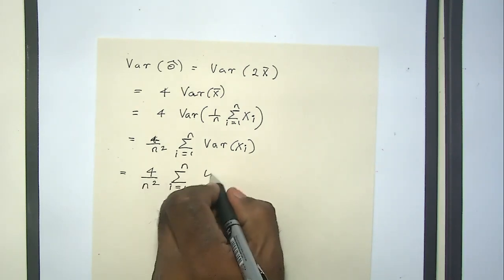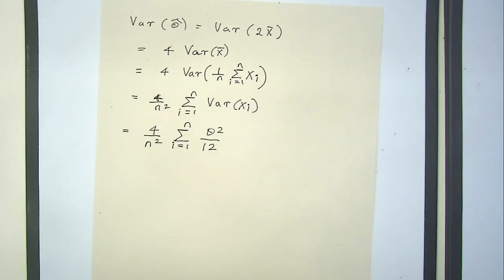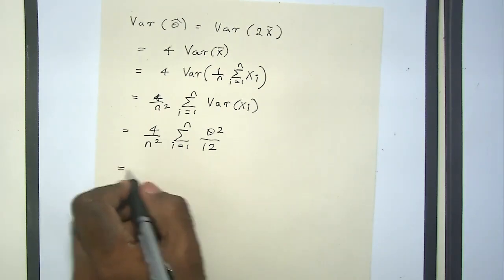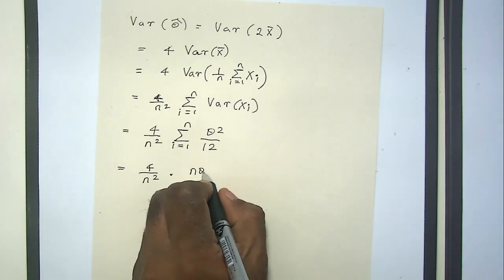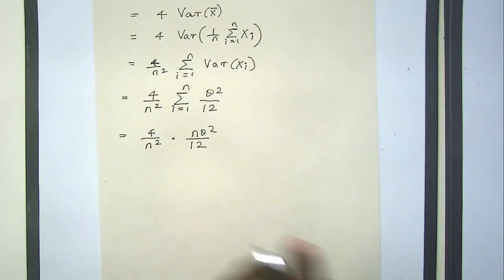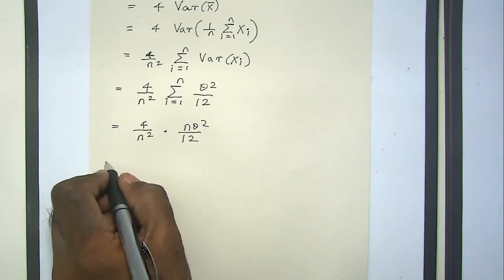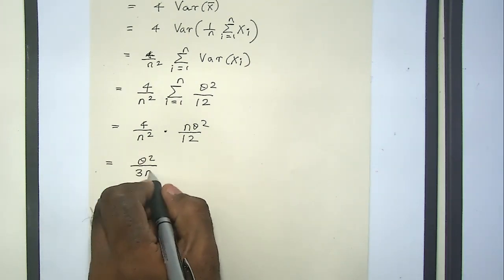So that will be theta squared divided by 12. Okay? So this is 4 divided by n squared times n theta squared divided by 12, which is equal to theta squared divided by 3n.